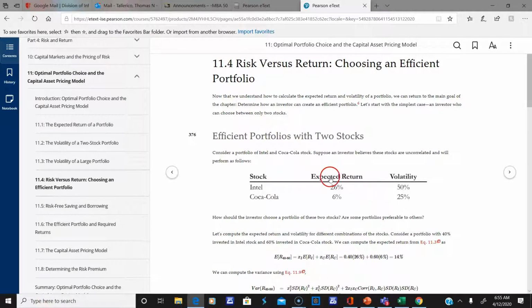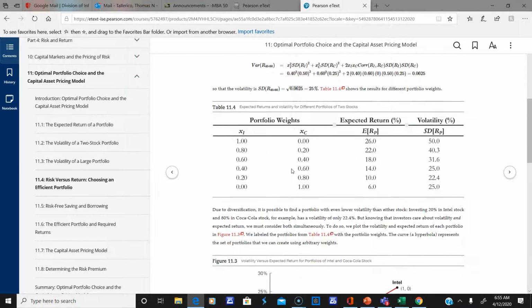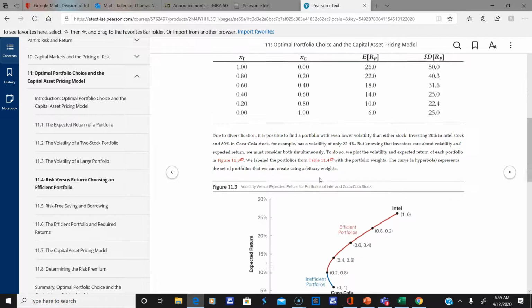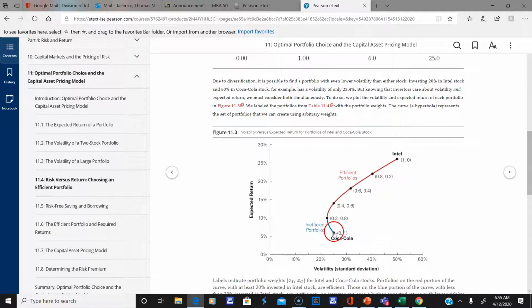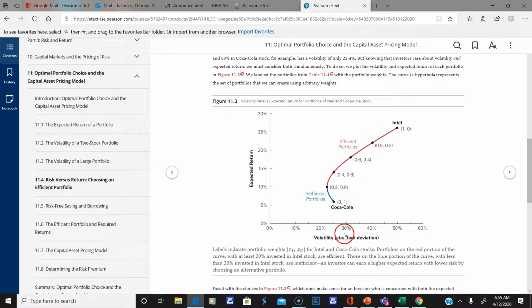I'm using your text, by the way. Basically, what portfolio can I combine? They show you Intel and Coca-Cola here. And this is called an efficient frontier. It's a hyperbola.